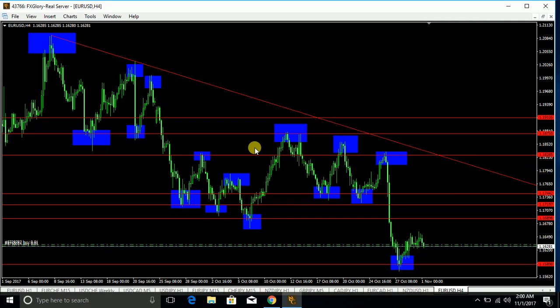Now, with that being said, if you see how this low is lower than this previous low, what do we anticipate after a lower low? We're going to anticipate either a higher high or a higher low.